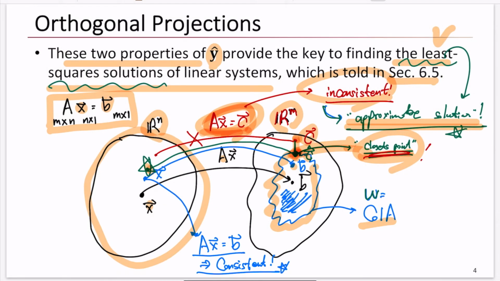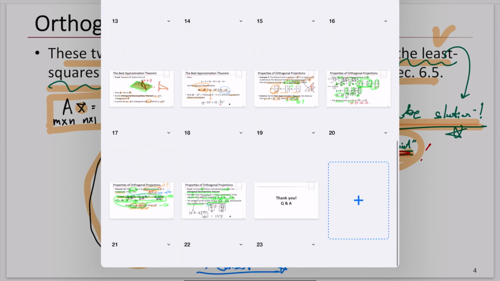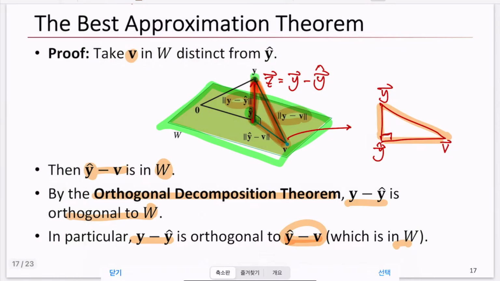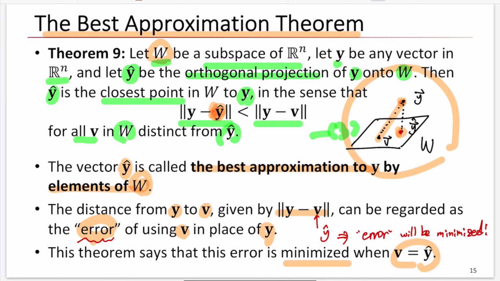Where was that? Here. We already talked about the best approximation theorem, right? Here. The best approximation theorem was the y hat, right? Where's y hat? Y hat is the closest point from y to the subspace W, right?